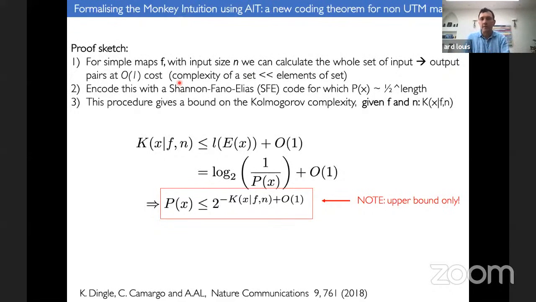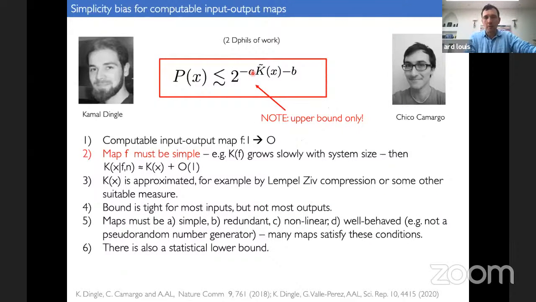I can encode these with a standard Shannon-Fano-Elias code, and this gives me code words, and then I can invert that, and I'll get an upper bound on a conditional complexity. If my map is simple, then this can be turned into an actual Kolmogorov complexity, and we get this probability prediction. So for random inputs on a typical simple input-output map, the probability of getting a certain output x is bounded by this 1/2 to the power of the Kolmogorov complexity.